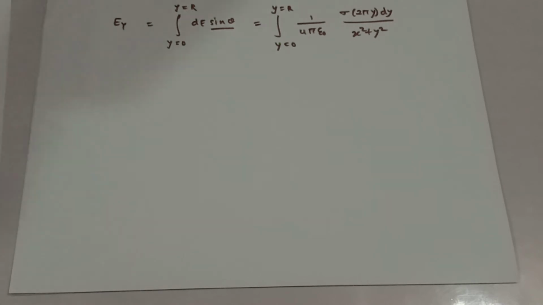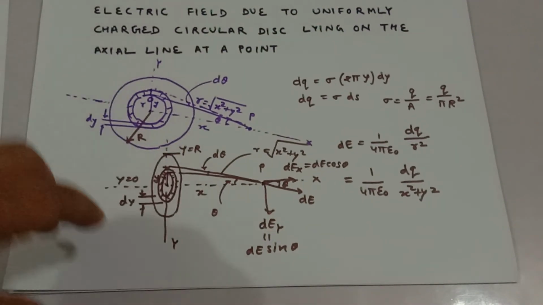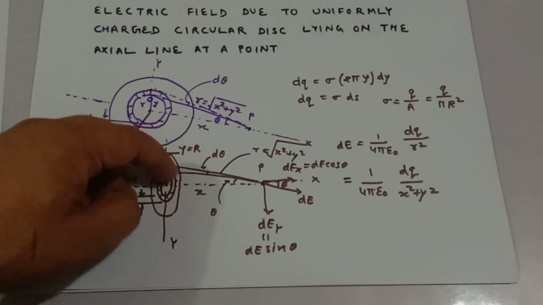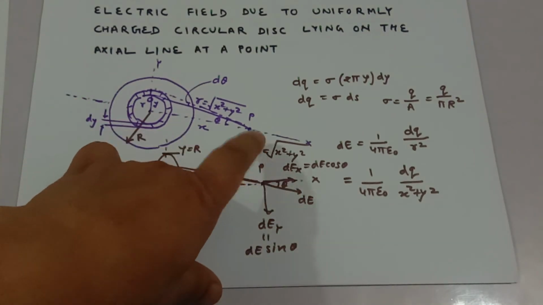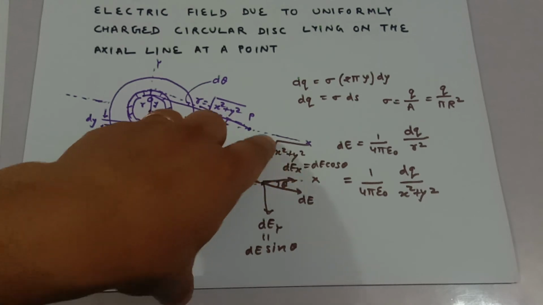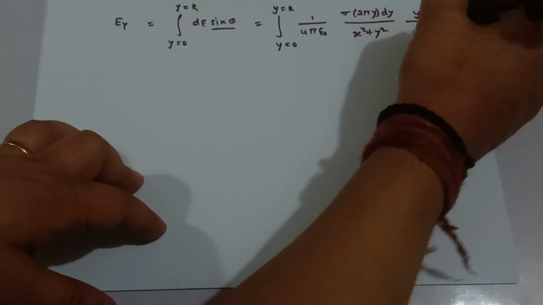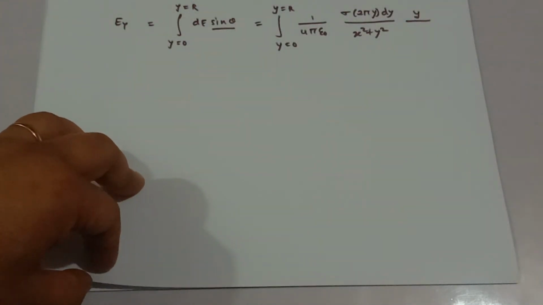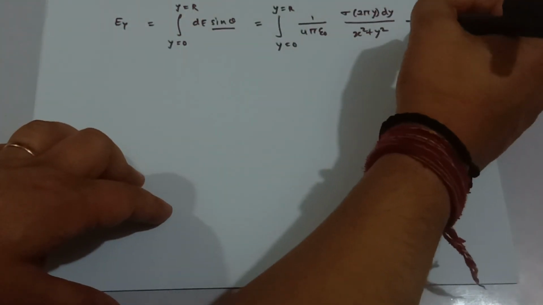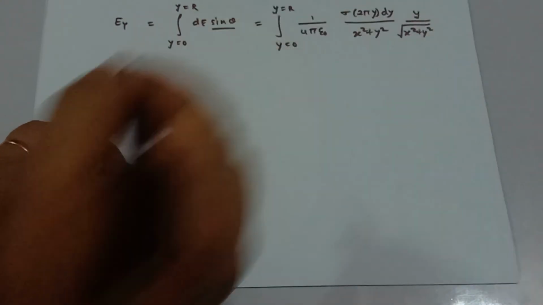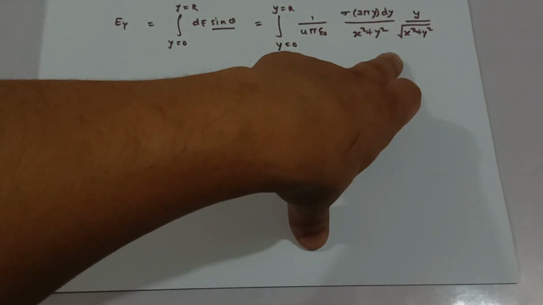When you take this particular diagram, you can see that this is your perpendicular, which is y, and the hypotenuse is r, which is the square root of x square plus y square. So you can put this value here as y divided by square root of x square plus y square.